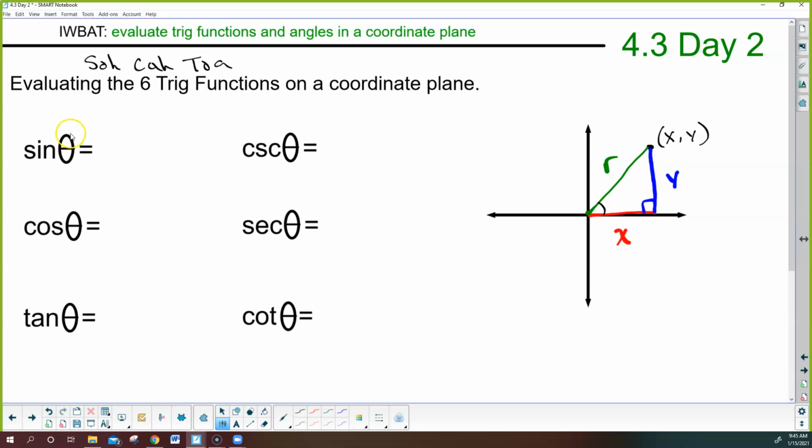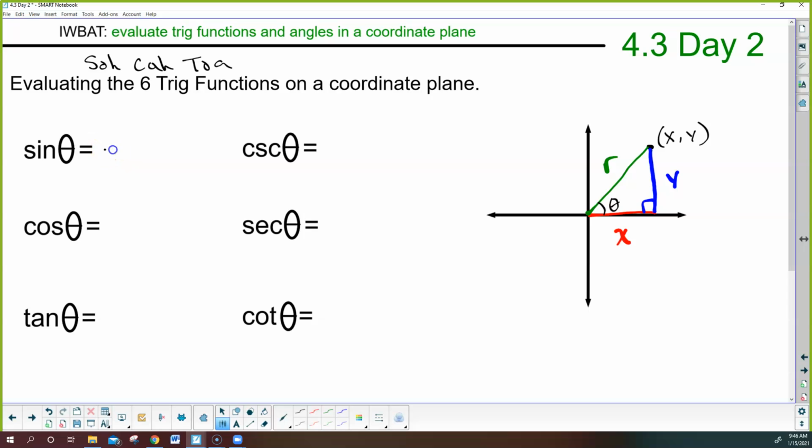And then because this theta is the same for all of these ratios, theta just represents the angle measure that's formed between the x-axis and the terminal side. So that's my reference angle.